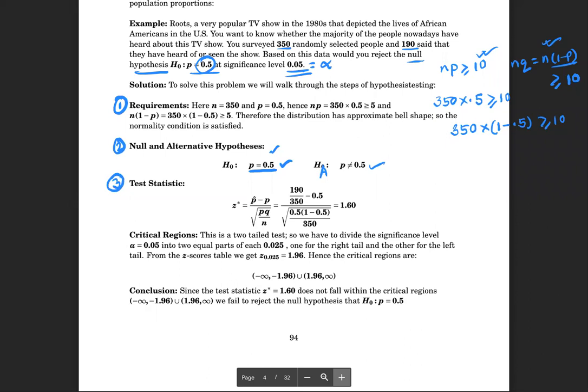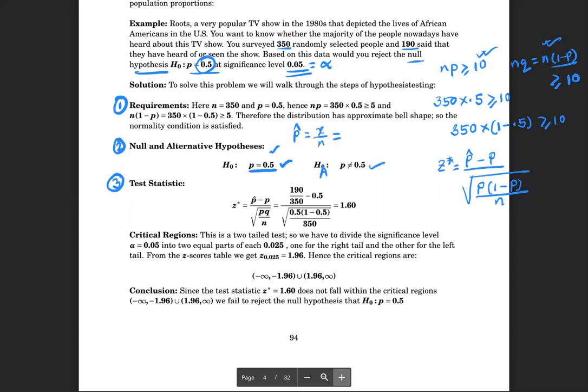We are going to do the test statistic. The test statistic is calculated by this formula, Z star, which is P hat minus P divided by the square root of P times Q, where Q is 1 minus P, all of it divided by the sample size. Now, what is P hat? P hat, remember, is X over N. That comes from your sampling.